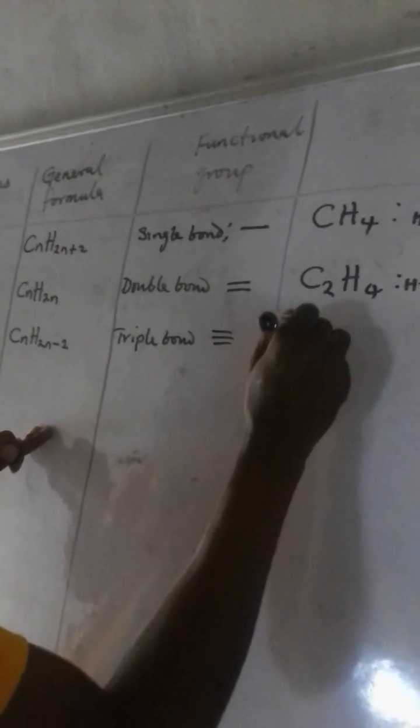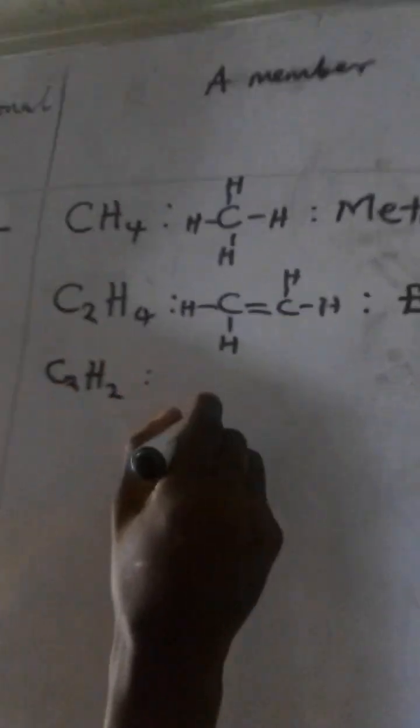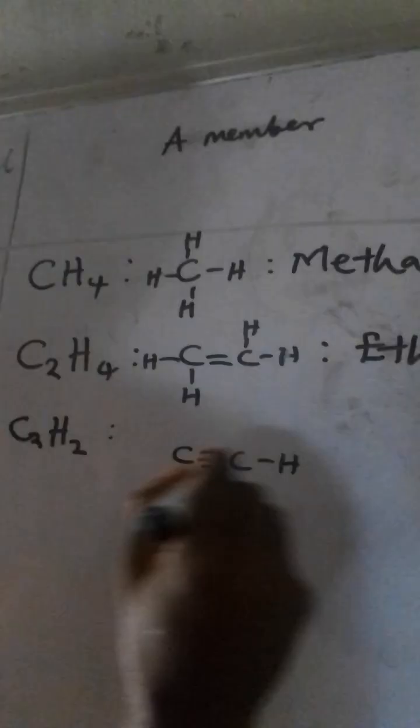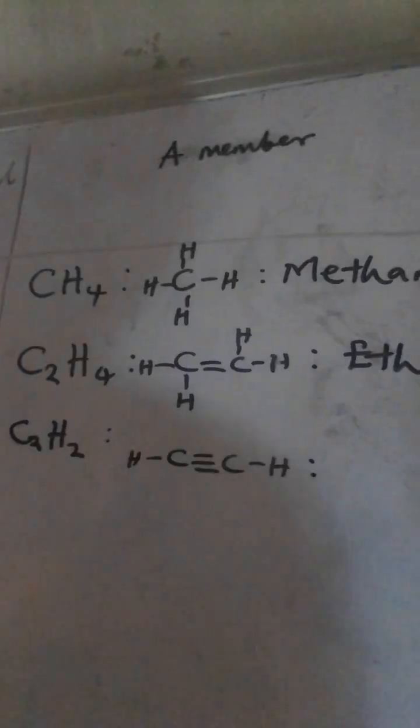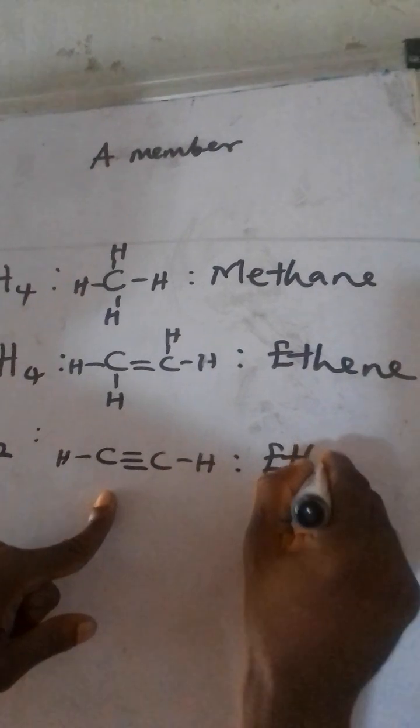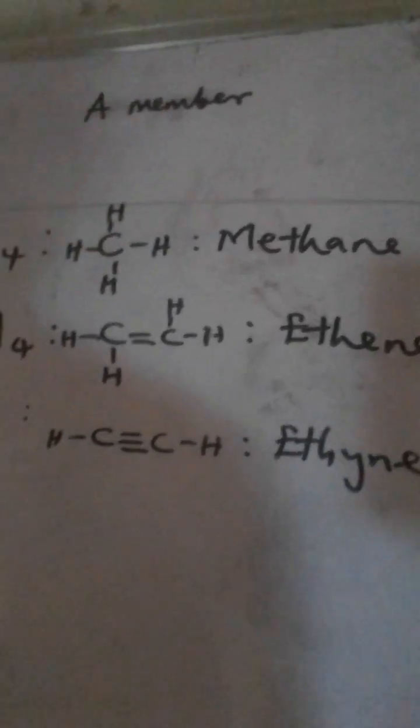So let's start with the smallest member of alkyne, which is C2, H what? 2 times 2, 4, minus 2, which is 2. The formula could be written as this. And guess the name? The same eth for 2 carbon atoms. Ethyne is the name. YNE from alkyne, YNE, serves as the surname.